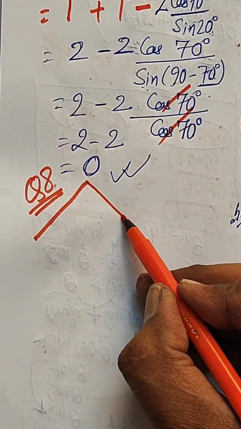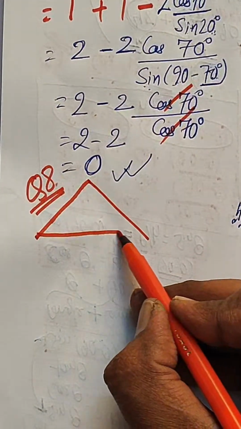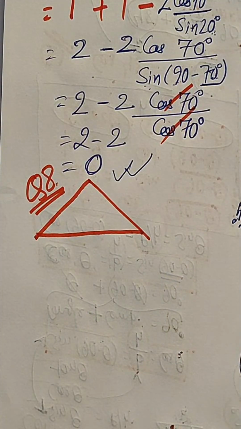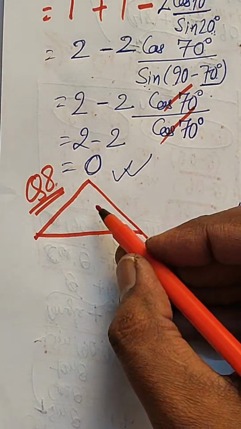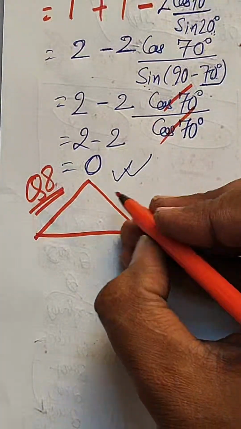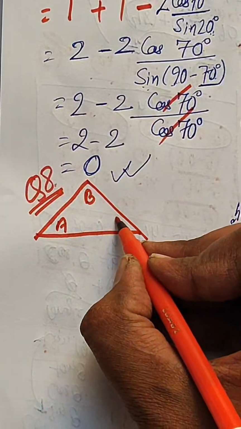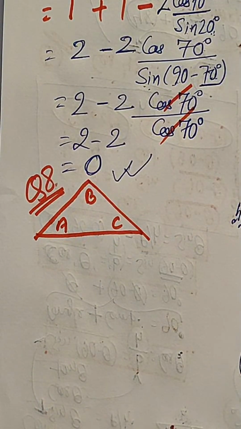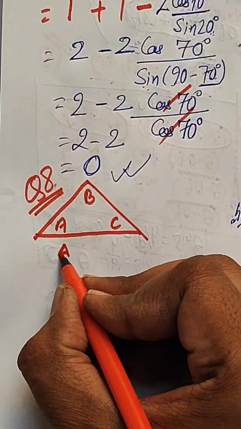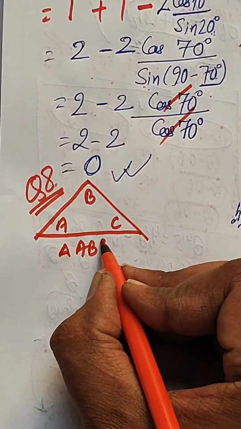There is a triangle. It's not given that it is a right angle triangle. It's given that A, B, C are the angles of a triangle.